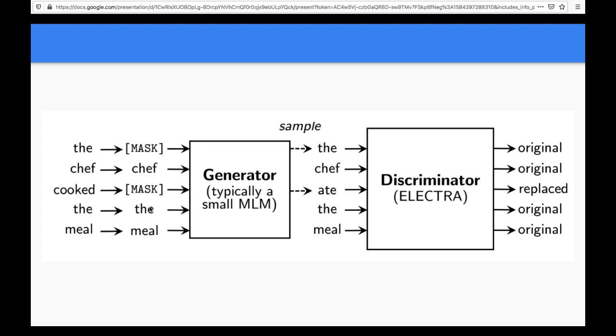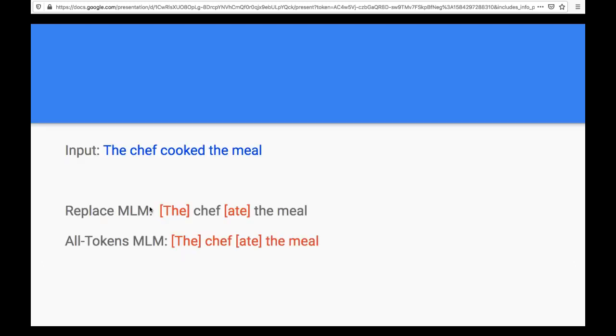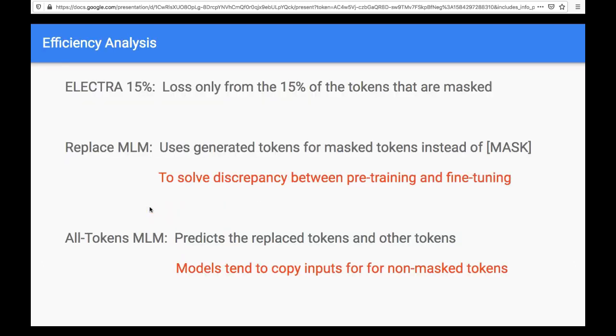So you will not see any mask in your fine-tuning, and this does hurt the performance of BERT a little bit. This is already a well-known problem of BERT. ELECTRA definitely addresses this problem, but they still want to see how much this discrepancy actually affects the model.